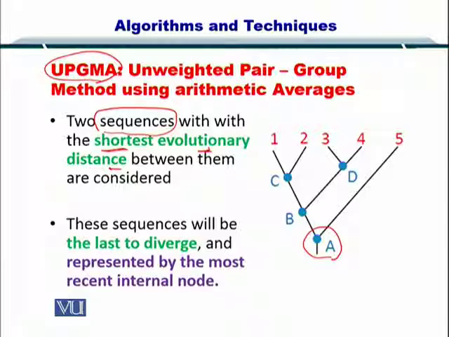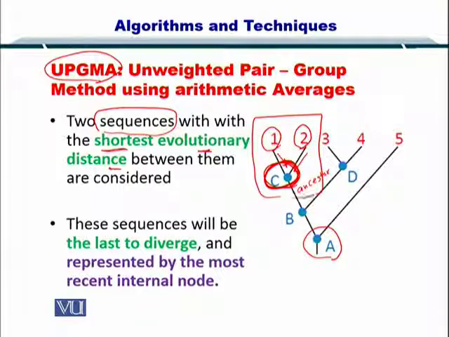Next, you align these two sequences and see how different they are, and you arrive at C, that is the inner node. So C becomes an ancestor for 1 and 2. Next, you need to understand that these sequences are the last to diverge, which means that they have evolved most recently.